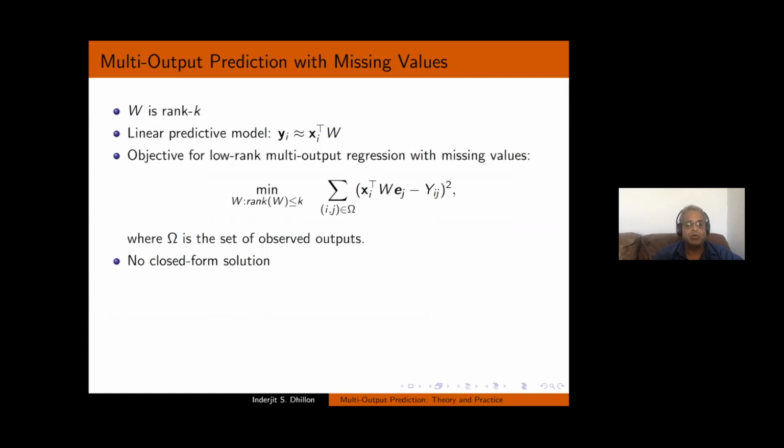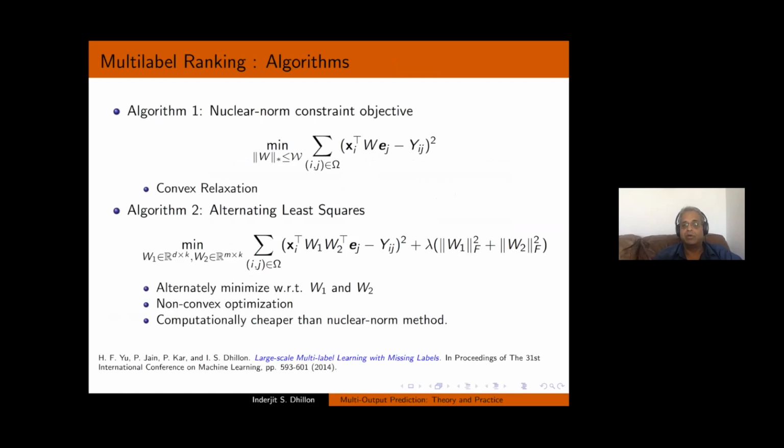So there is no closed form solution, but again, inspired by the matrix completion literature, even though the problem is different, one can do a convex relaxation of this problem. So this is the trace norm or the nuclear norm constrained optimization problem. Again, the objective is over the ij pairs that are observed.